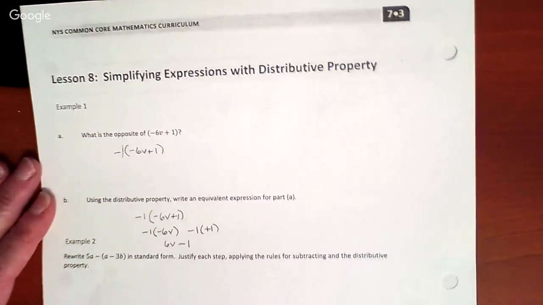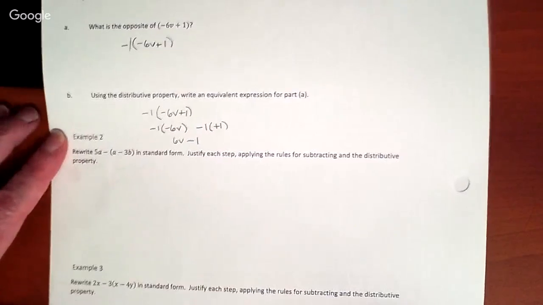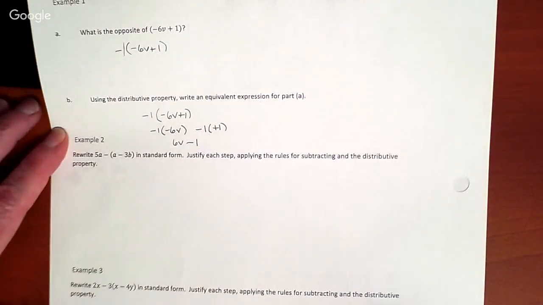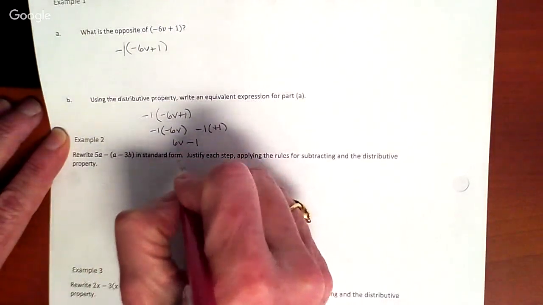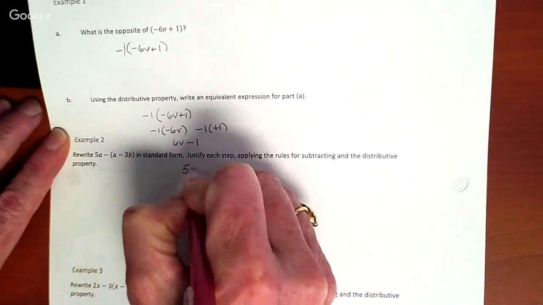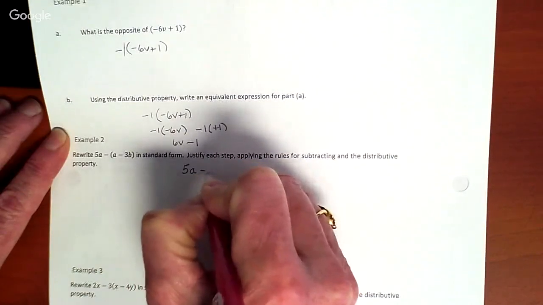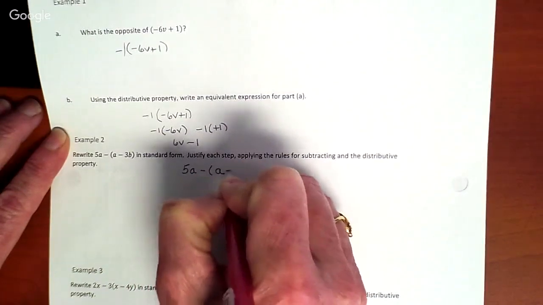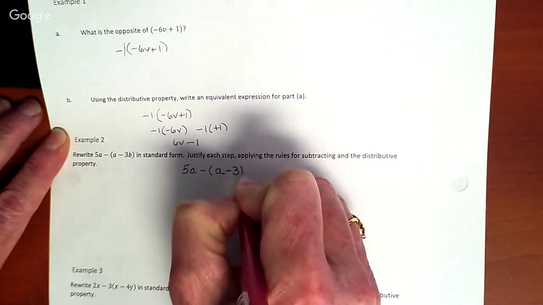So now, for example number 2, it says rewrite 5a minus 3b in standard form and justify each step by applying the rules for subtracting and the distributive property. Well, we have 5a minus a minus 3b.